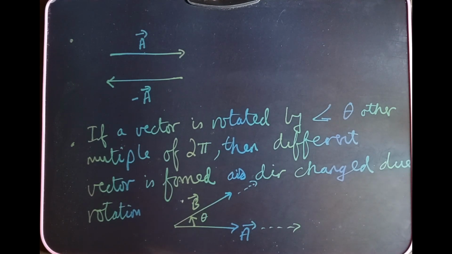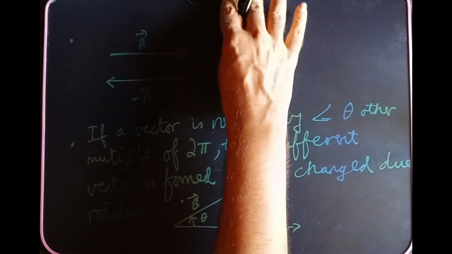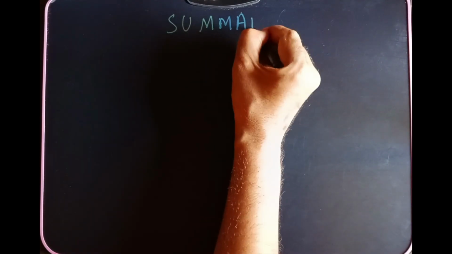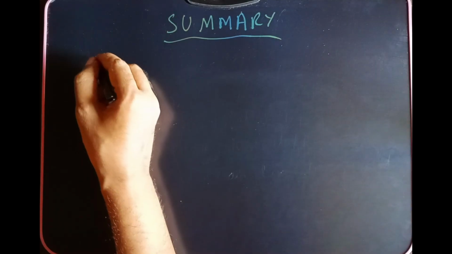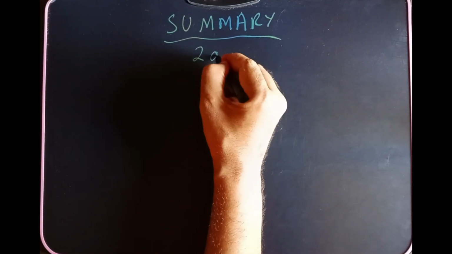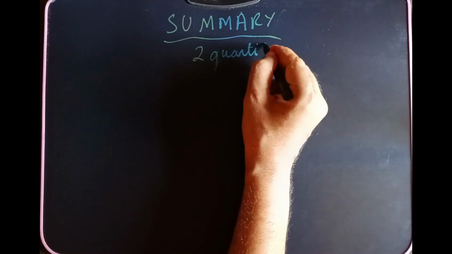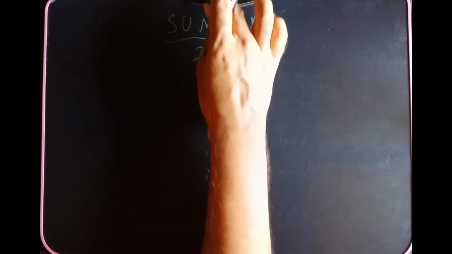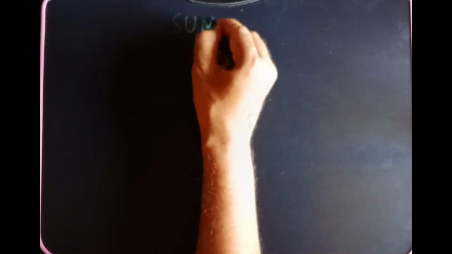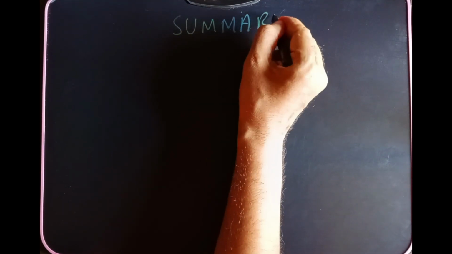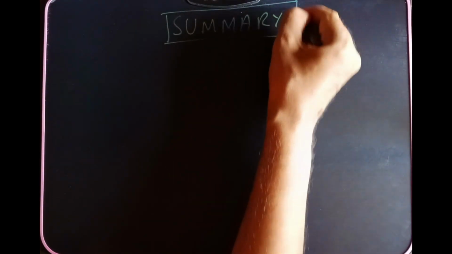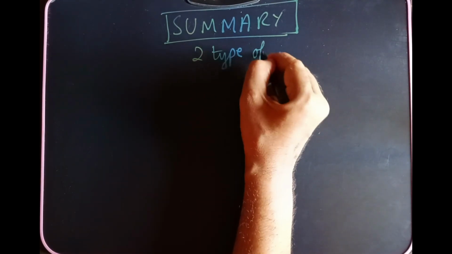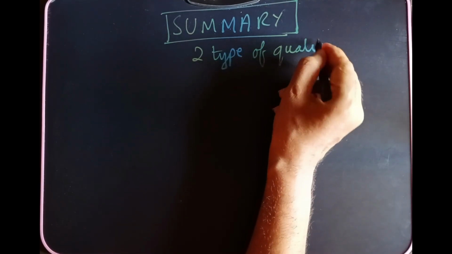So, let us summarize whatever we have studied. In physics we have two types of quantities.